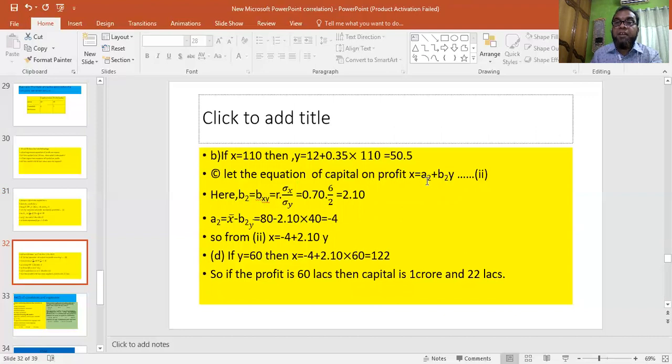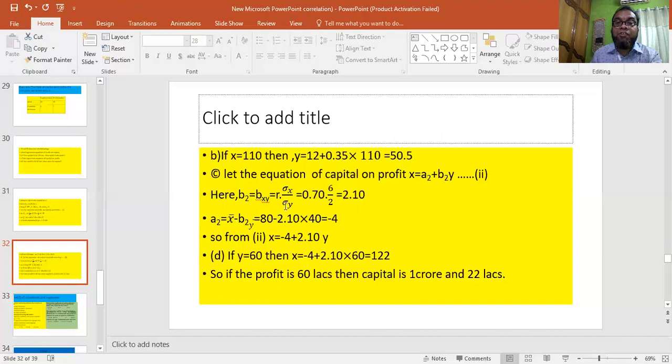Here a2 and b2 are constants, y is independent and x is dependent. And b2 is the regression coefficient of x on y, because on the left side you have x. So b2 equals b_xy, the regression coefficient of x on y, equal to r sigma x by sigma y.